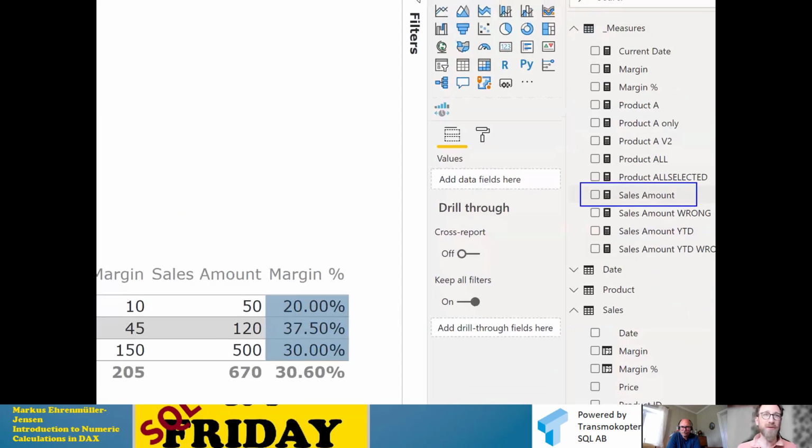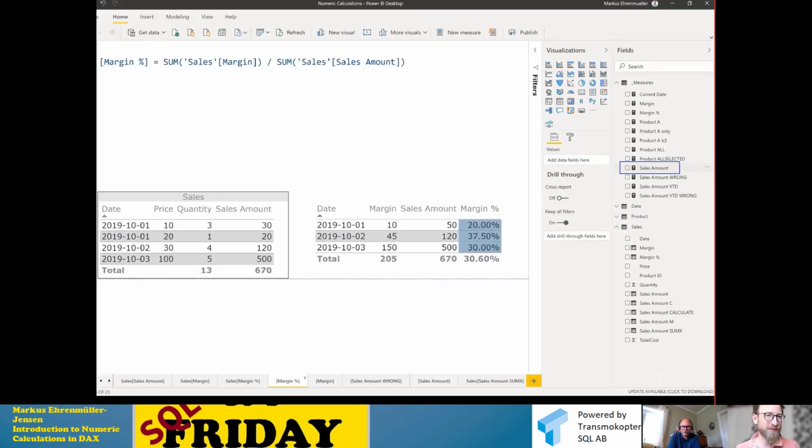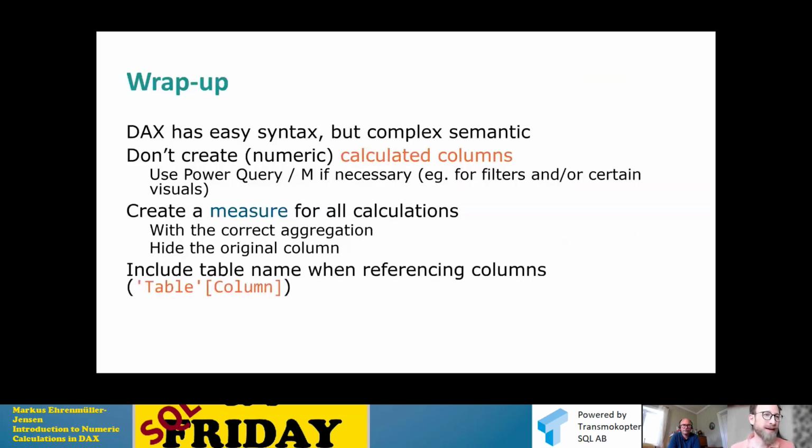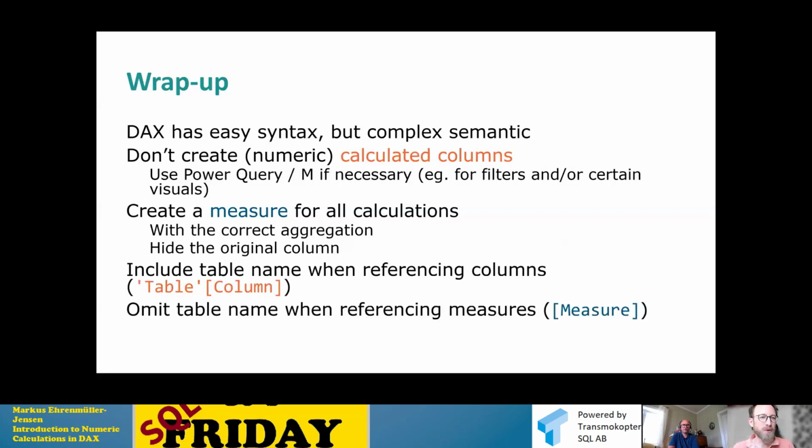Please never do that. This is only for educational purposes. I refer to the sales amount and the sales amount something. But please do not publish or give away a report like that for production. And always include the table name when you're referring to columns, and always omit the table name when referring to measures.